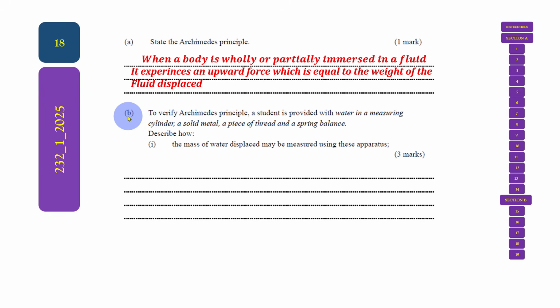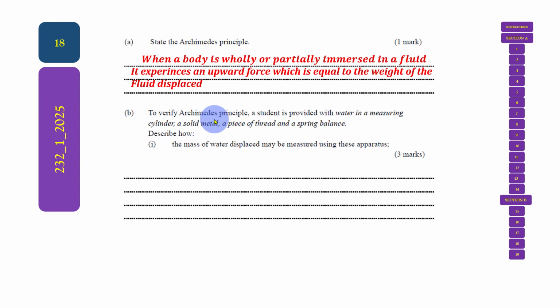So let us look at part B of question 18. To verify Archimedes' principle, a student is provided with water in a measuring cylinder, a solid metal, a piece of thread, and a spring balance. Describe how, 1, the mass of water displaced may be measured using these apparatus.